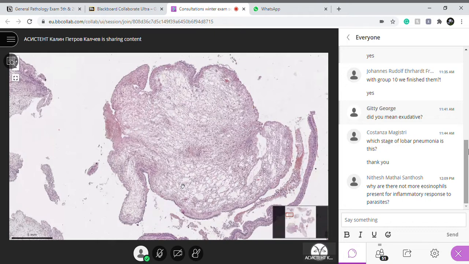So they look polypoid. That type of inflammation, which results in formation of these polypose structures, we call a polypose inflammation. Here, this inflammation is of allergic origin.